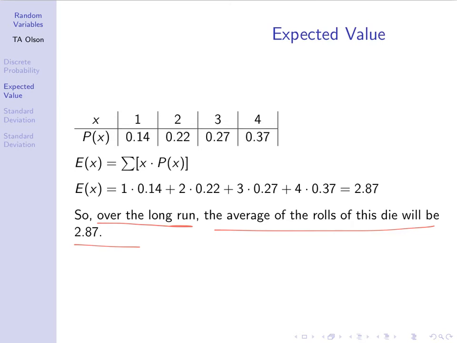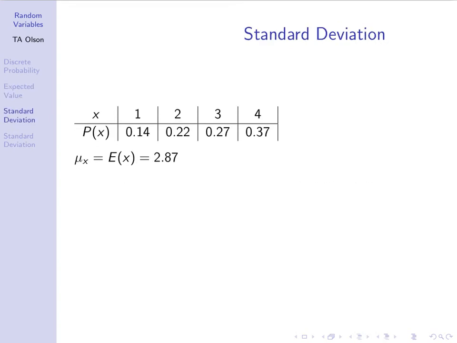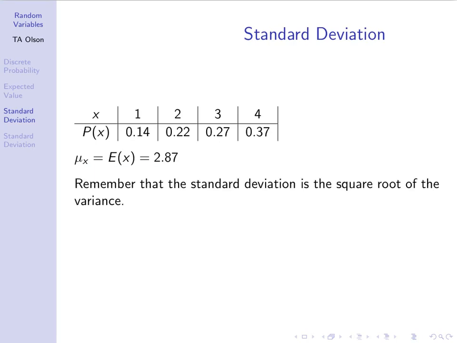Well, what else do we usually like to calculate with these statistics? We like to calculate the standard deviation. So how do we do that with a discrete probability distribution? Our mean is our expected value, in this case 2.87. And remember that the standard deviation is the square root of the variance. Previously, variances have been a little easier for us to calculate.